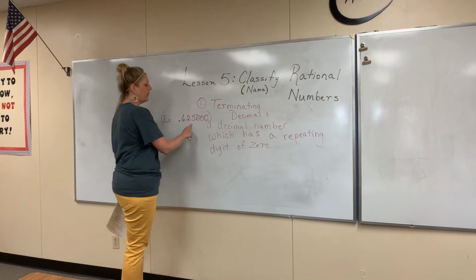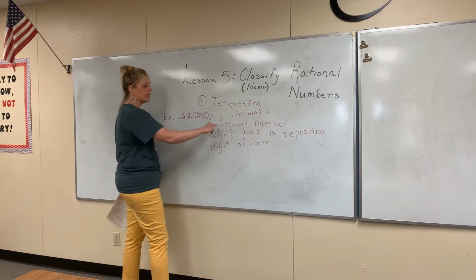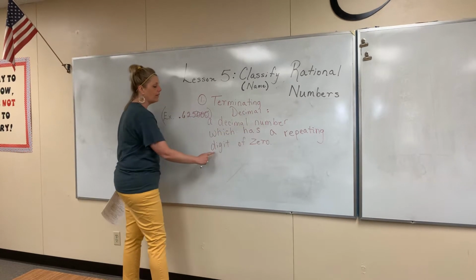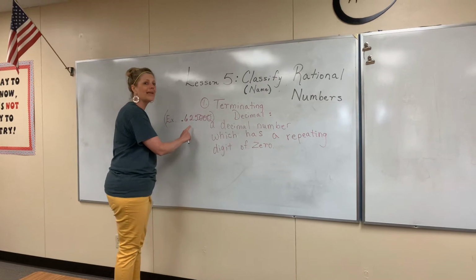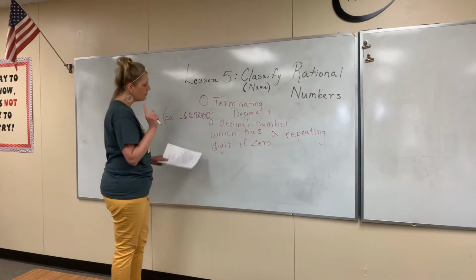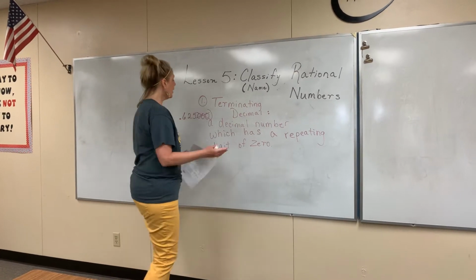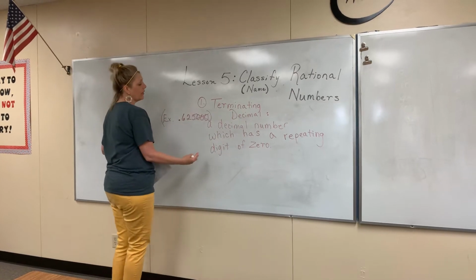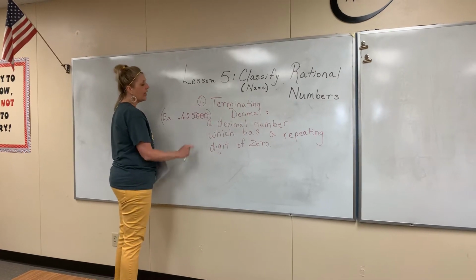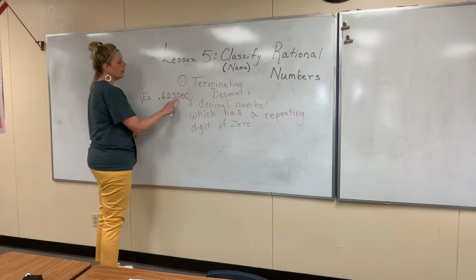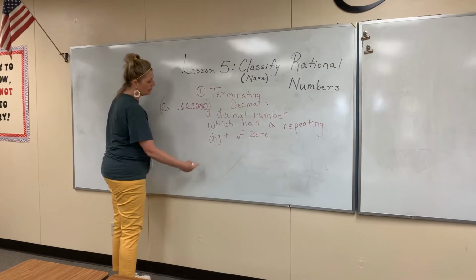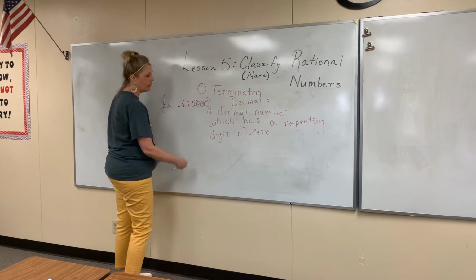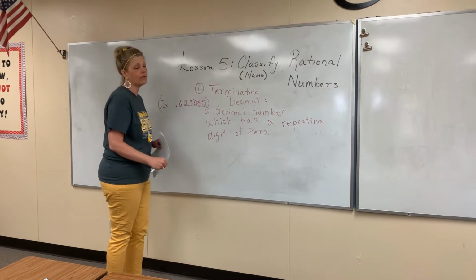So we call this a terminating decimal, which is a decimal number that has a repeating digit of 0. Okay? So that is a terminating decimal. And you notice you're not going to get a remainder because if you're dividing and you keep putting 0 up here, when you do the 0 times the number, you're going to get 0 again. And it's just going to keep getting 0 and 0 and 0 with no remainder. So you wouldn't have a remainder.